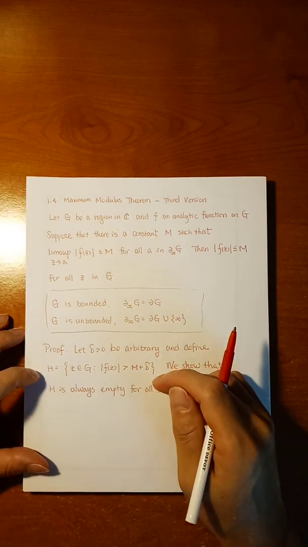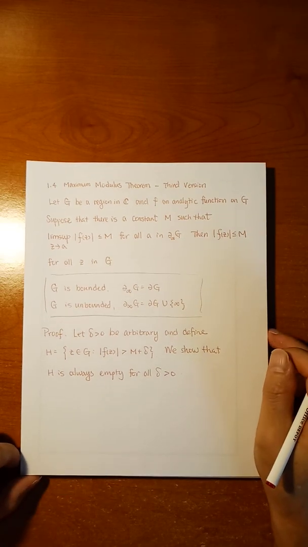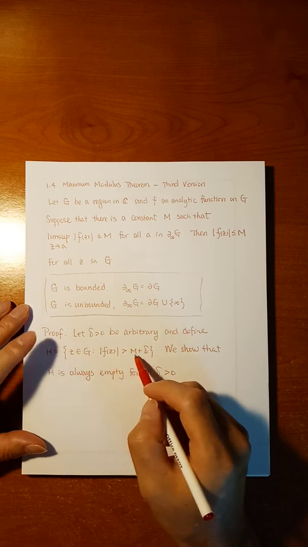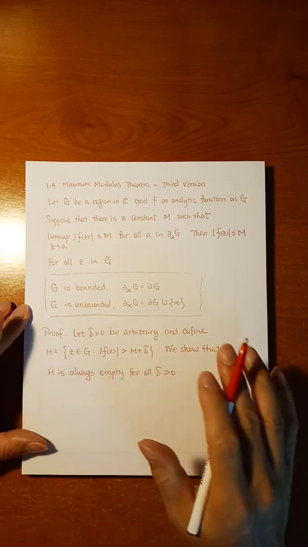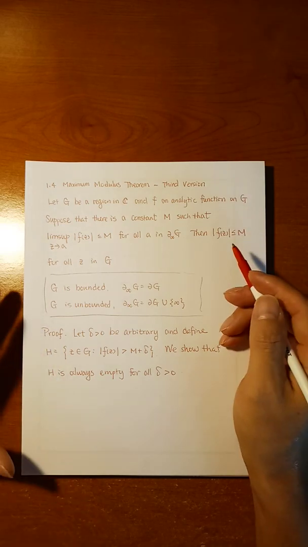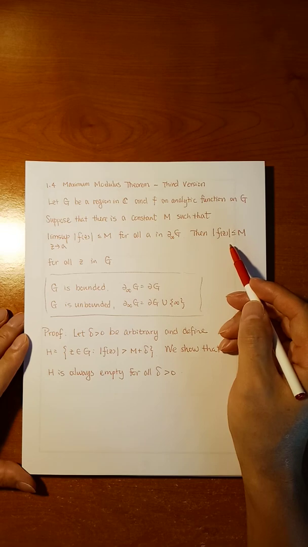And then it is equivalent to say the theorem is correct. There's no point z so that the absolute value is greater than M plus whatever small delta. Then it is equivalent to say all the modulus of f of z is less than or equal to M. Okay?